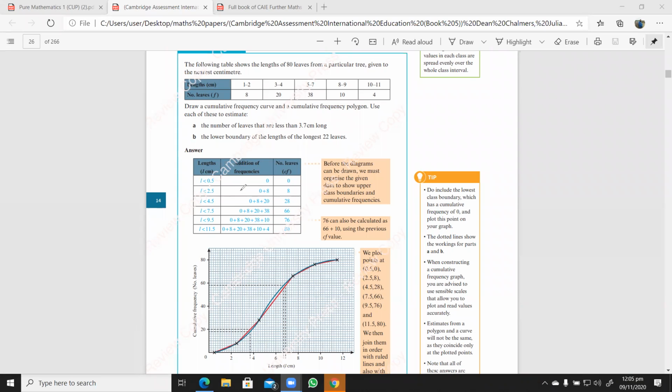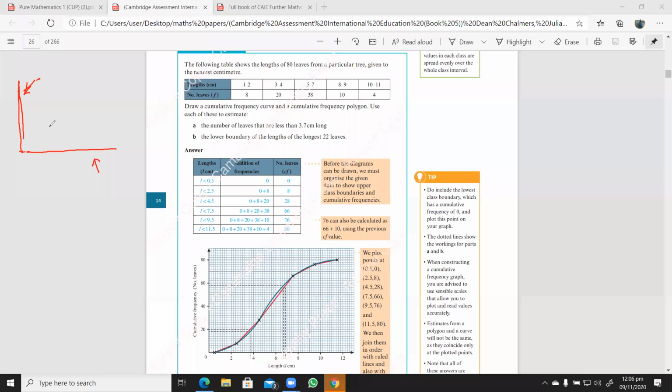Similarly, when we learn how to draw the cumulative frequency curve, we relate it with the histogram. When you draw a histogram, you must know what information to show on the horizontal axis and what to show on the vertical axis so that you can draw all the bars. You keep your data continuous, and then you calculate the frequency or the frequency densities depending upon the class widths of the data.